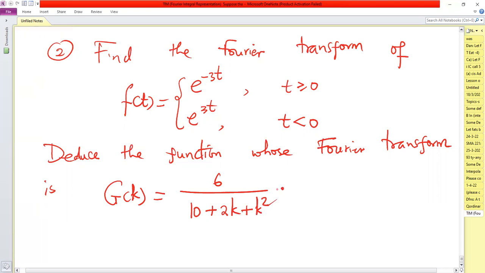So that's the problem. We are going to get the answer from the definition of a Fourier transform, and then once we have the Fourier transform of the given function f(t), we use the first shift theorem to answer the last part.